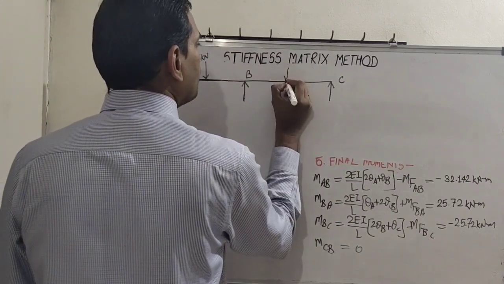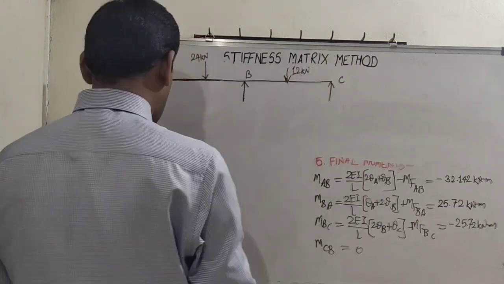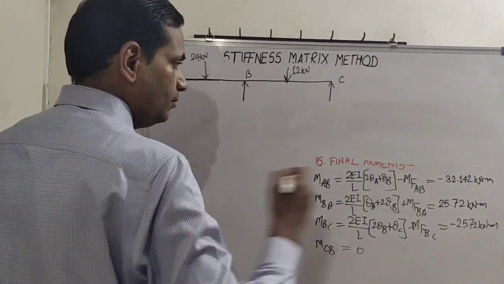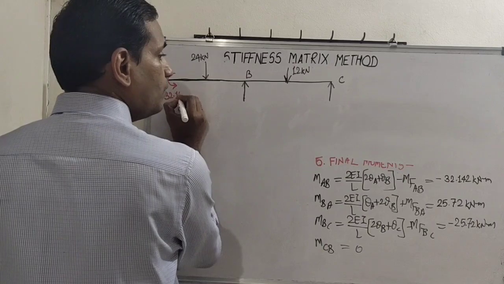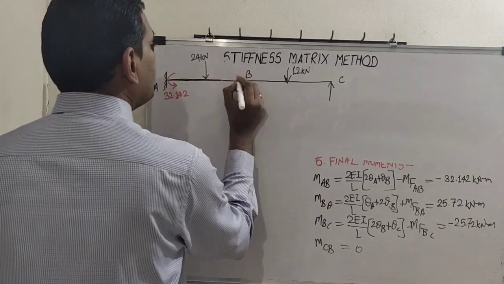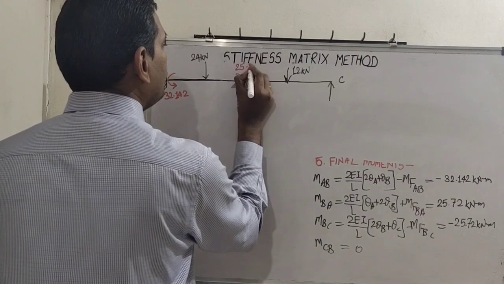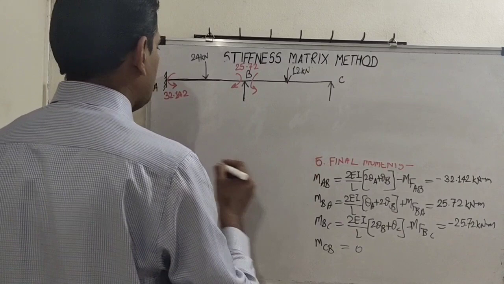This is another external load 12 kilonewton. And the moments: 32.142, this is 25.72, this is 0. Now we will get reactions.